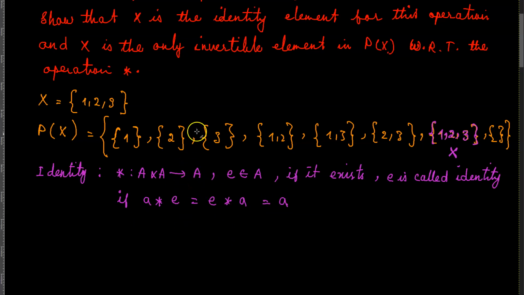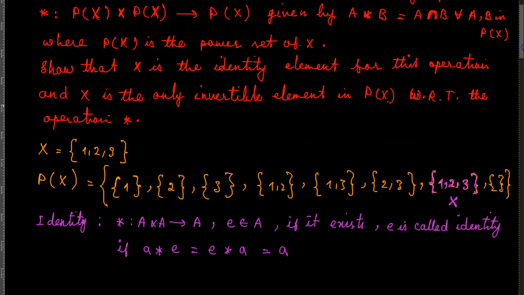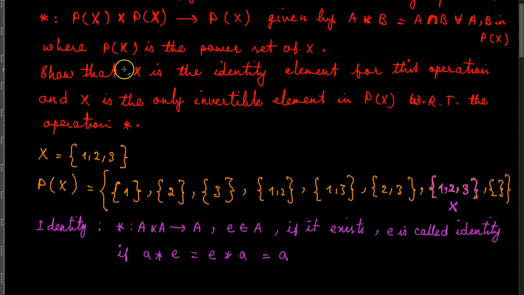And as you can see here, we want to show that X is the identity element for this operation. That means you have to show that the intersection of X with any of these elements belonging to P of X is equal to that element.